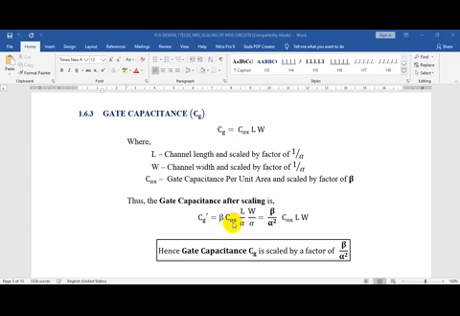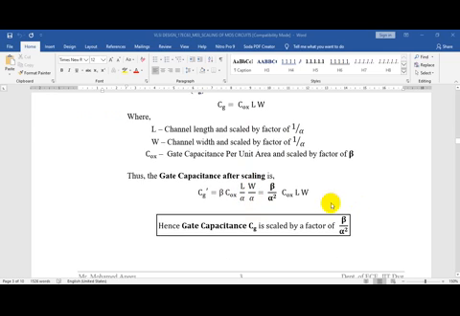Then length is scaled by a factor of alpha, so L is replaced by L by alpha and width is replaced by W by alpha. So the scaling factor you get is beta by alpha square. Hence gate capacitance Cg is scaled by a factor of beta by alpha square.